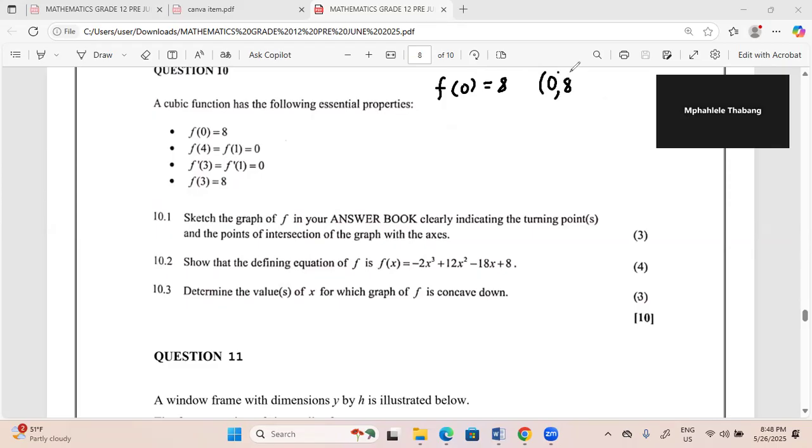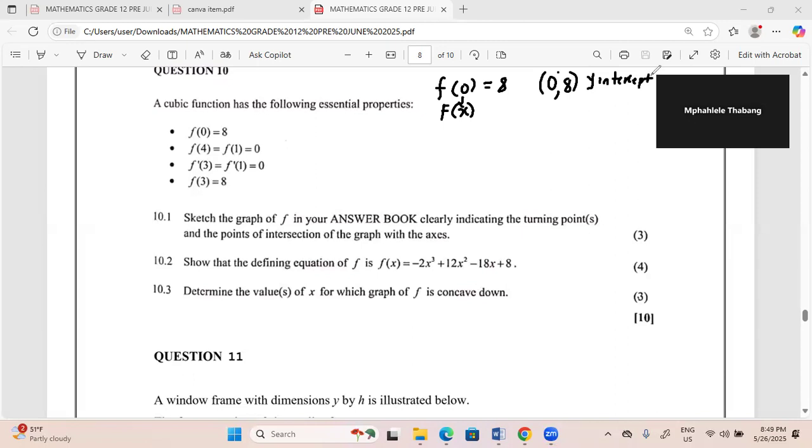Remember, mathematically, we are used to saying f of x. So at the position of x, it's 0. They are saying if we substitute x with 0 on a function f, we get 8. And this appears to be the y-intercept.